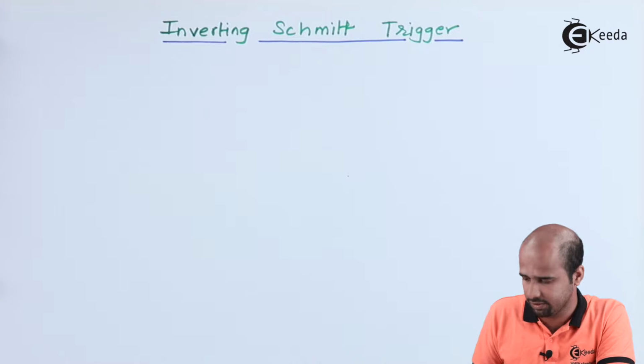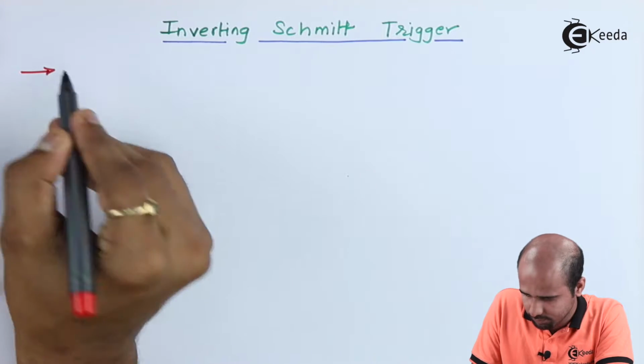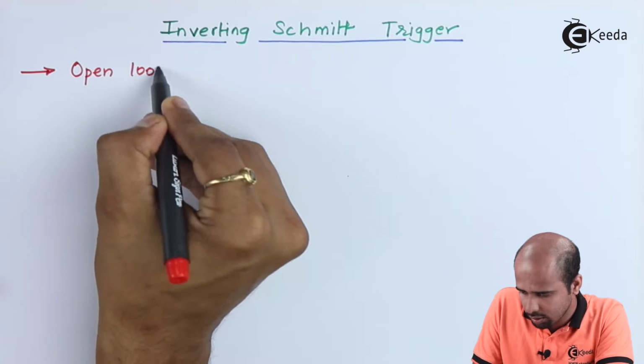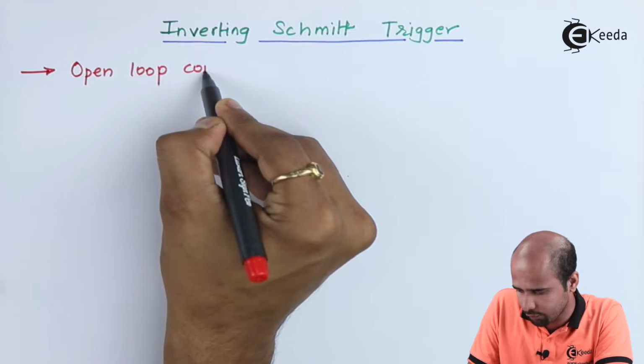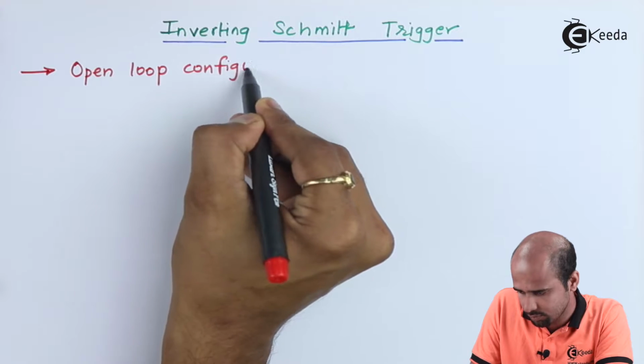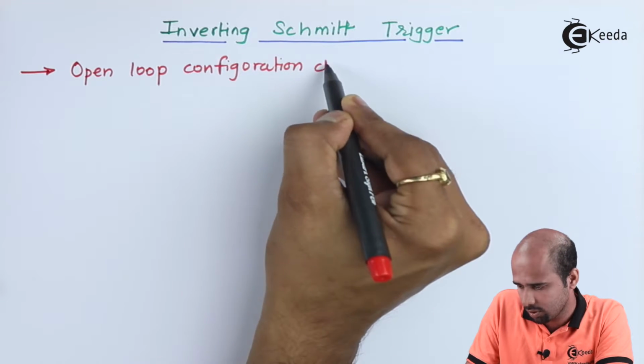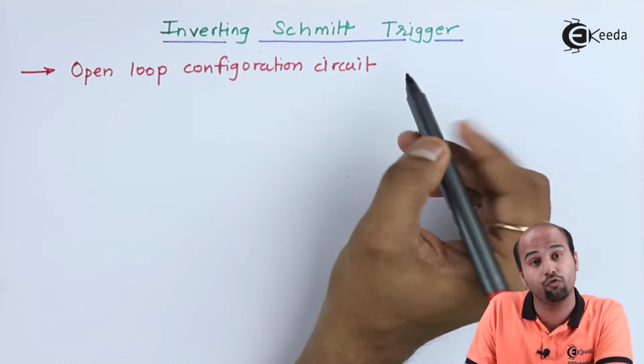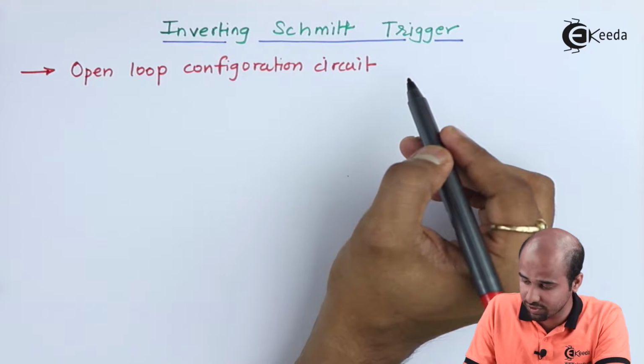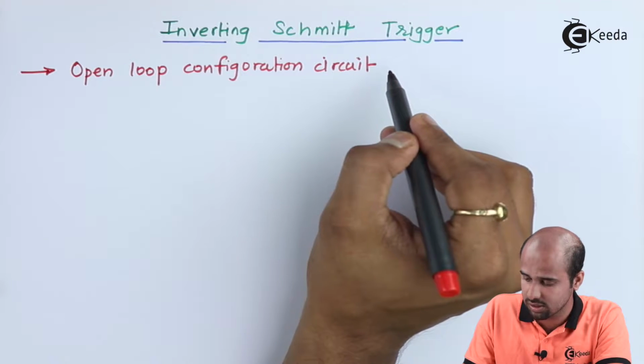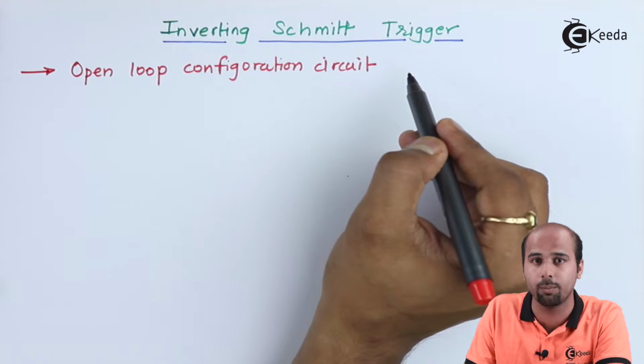This Schmitt trigger is basically open loop configuration with feedback. So even though we are giving the feedback, this circuit will work as a comparator.